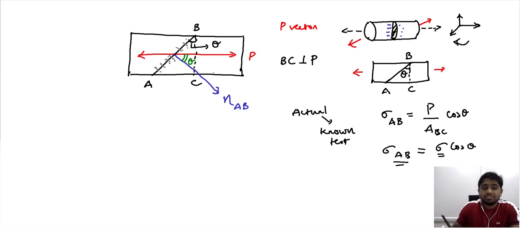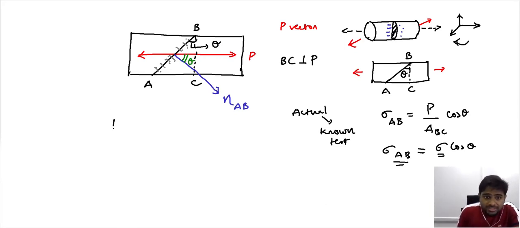Now what we essentially want to understand is the stress along this particular normal direction. We can understand that by projecting the stress acting along the loading direction onto the normal direction.